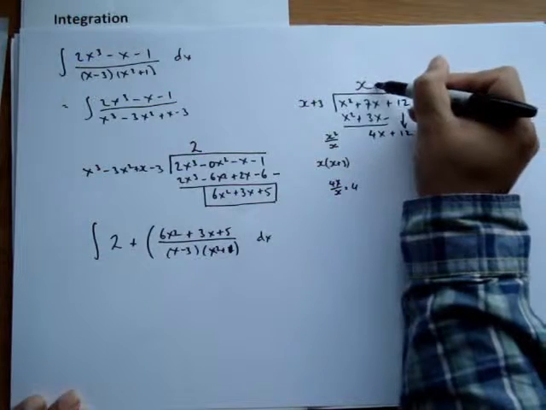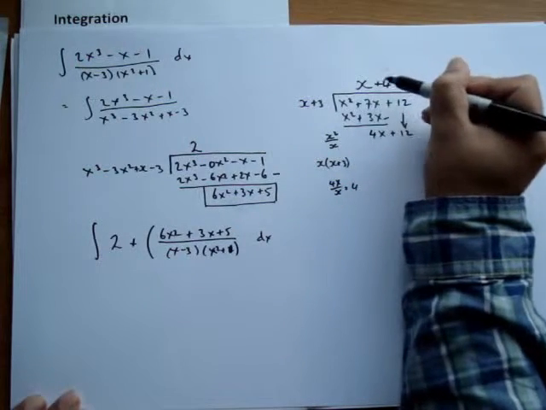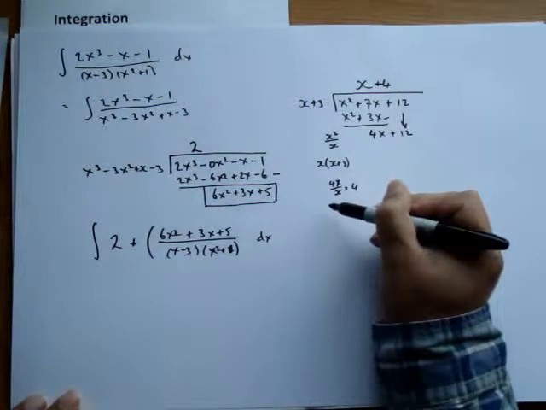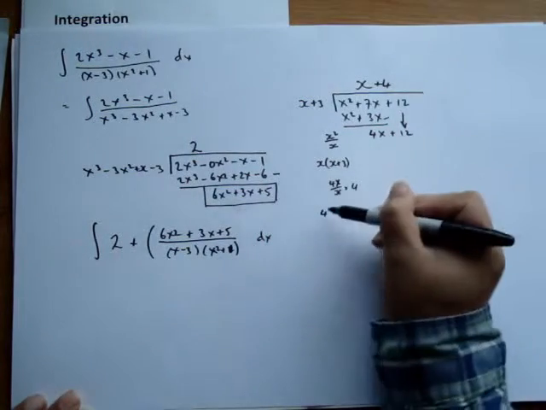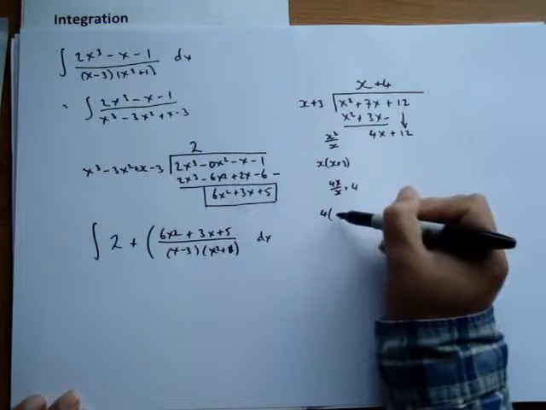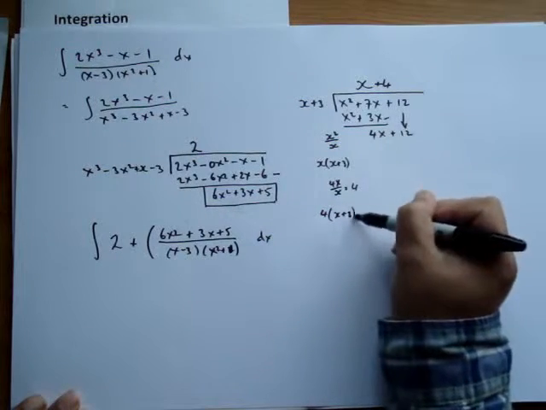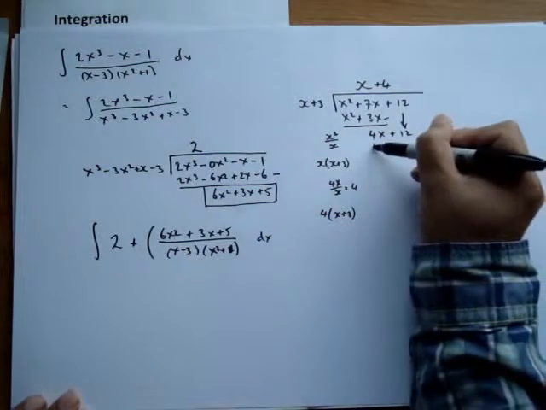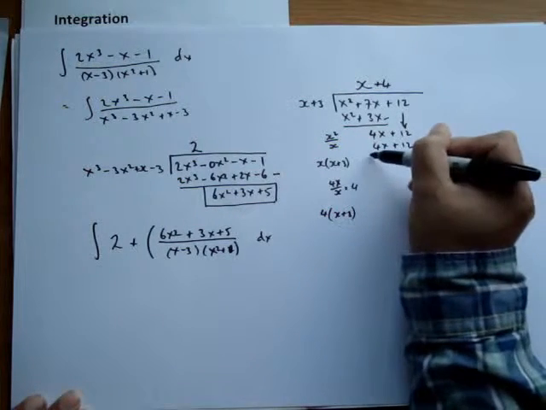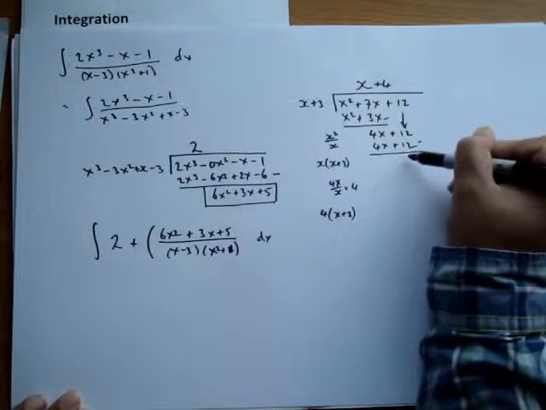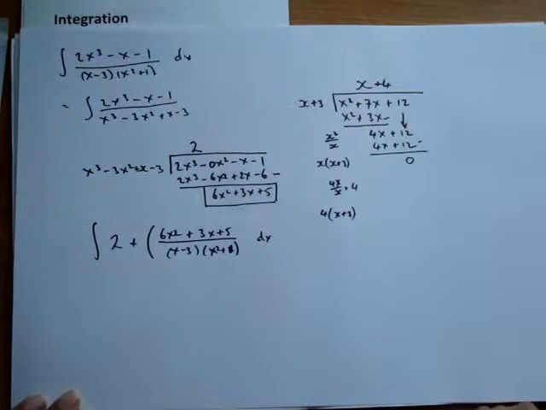So we put the plus 4 on the top, and then we multiply the 4 by x plus 3 again, and we get 4x plus 12, minus that, and we're left with 0.